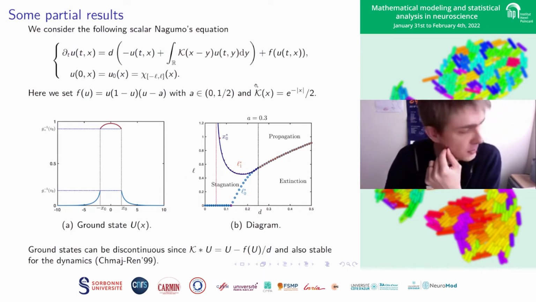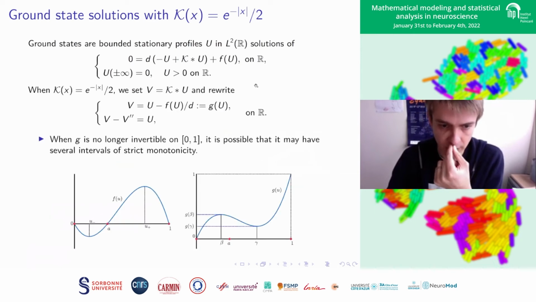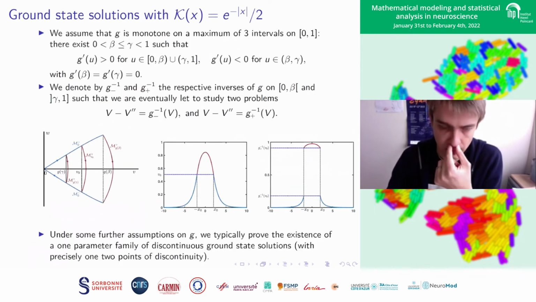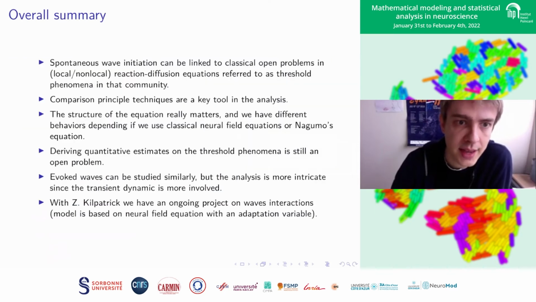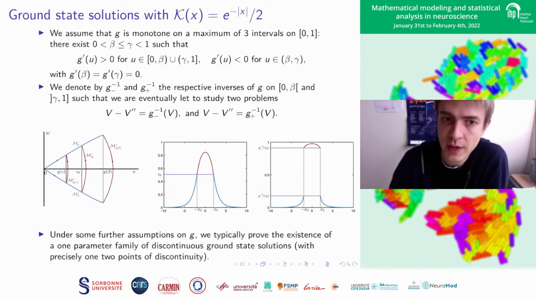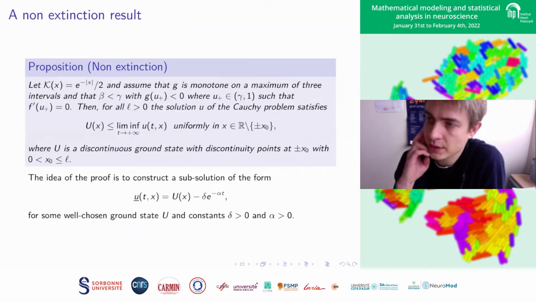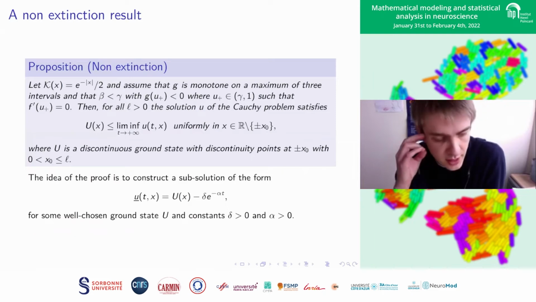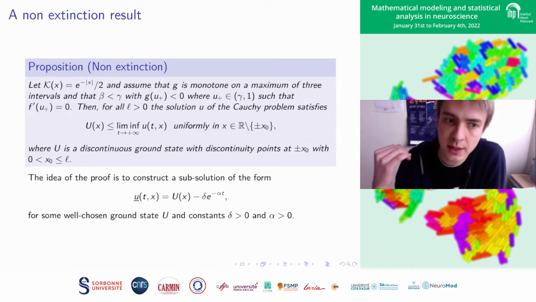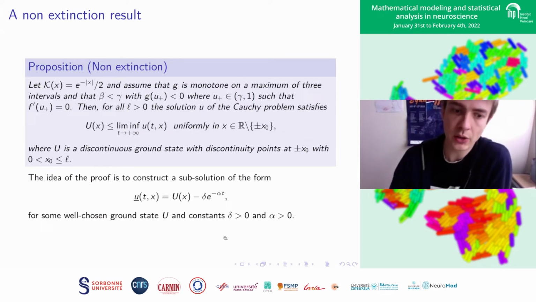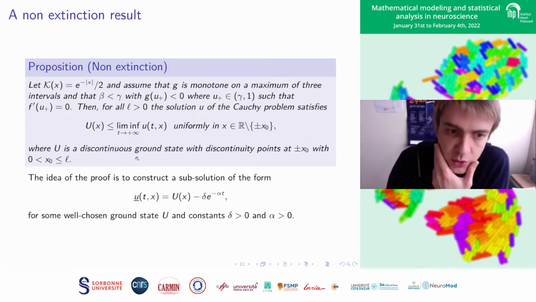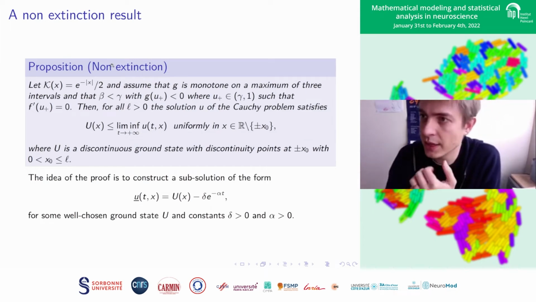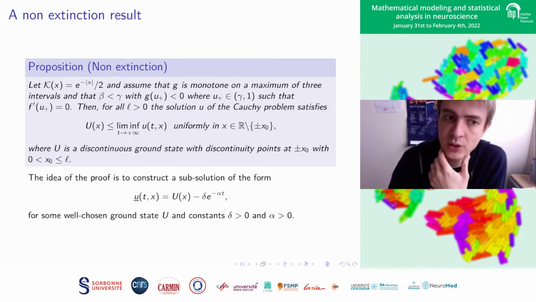I think that I will stop here at some slide to explain how you can construct such a discontinuous ground state, but I'm already running late. What I can just mention is that by studying these discontinuous ground states, they intrinsically appear as one-parameter families, and this allows you to construct either sub or super solutions, which helps you get either non-extinction results or non-propagation results.